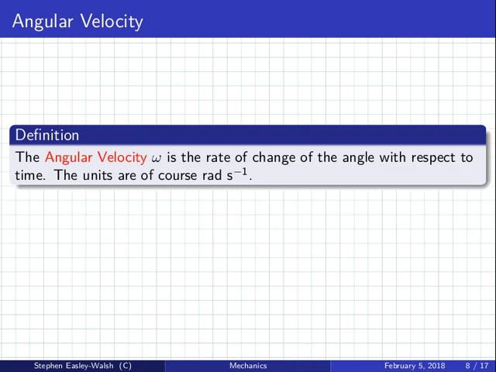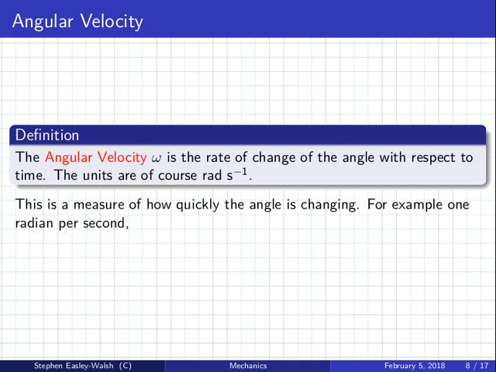So 1 radian a second would be if the angle moved this quickly. That rotating speed would be 1 radian per second, okay? Now, it measures how quickly the angle is changing. Okay.